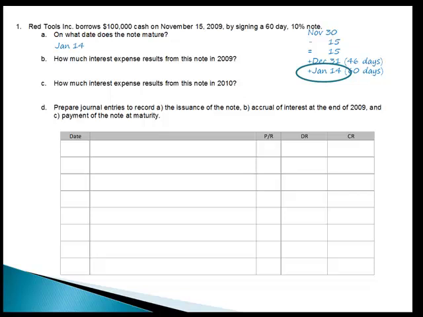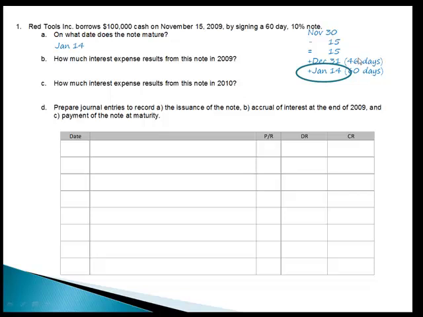Now we need to figure out how much, let me back up. Because this note is being paid beyond the year end, okay, so December 31st is our year end, because payment is occurring in the next year, we need to split up how much interest expense is incurred in 2009 and how much is incurred in 2010. It's very important because GAAP rules say if we incurred the expense in 2009, even if it's not paid, we need to record it in 2009.